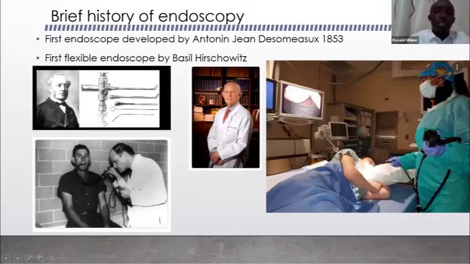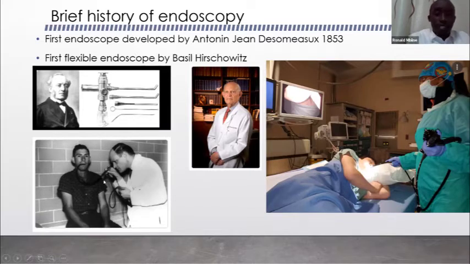Thanks to Antonin Jean Desormeaux and Basil, these are the two people who fundamentally changed the practice of endoscopy. Antonin invented the first scope, which was a lot more medical and had more therapeutic potential. Basil is the gentleman you see at the center in a white clinical coat. In the lower image on the left, it's the same person performing an endoscopy.